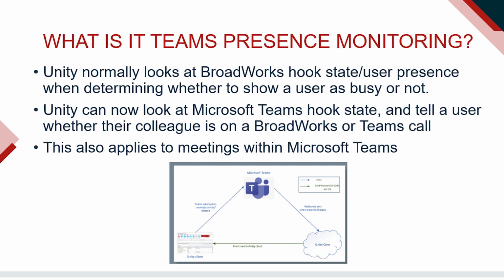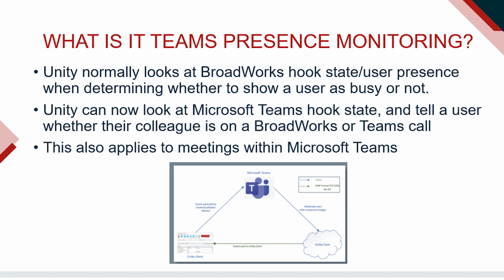Normally Unity just looks at your BroadWorks hook state or user presence when determining whether to show a user as busy or not. With this new feature, Unity can now also look at Microsoft Teams hook state or user presence and tell whether their colleague is on a BroadWorks call, a Teams call, away in Teams, or simply offline in Teams.